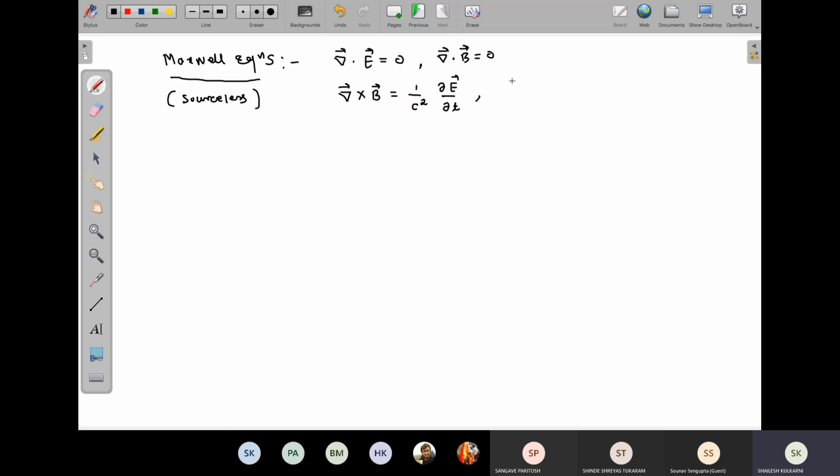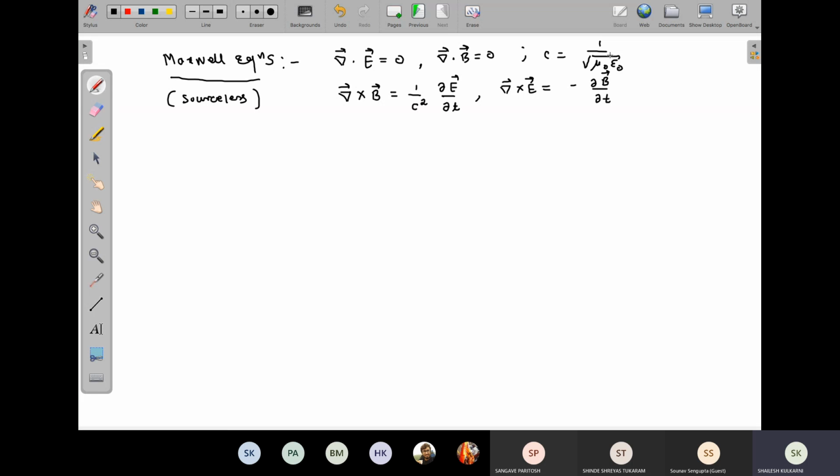And there is another equation, curl of E equal to minus del B by del t. So here your c is basically 1 over square root of mu 0 epsilon 0.